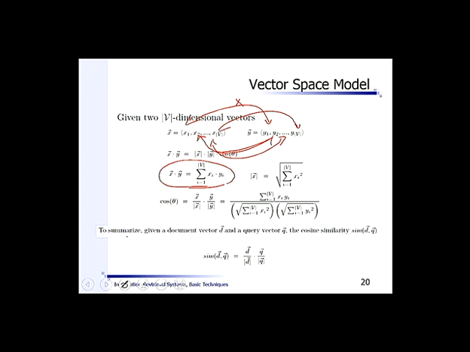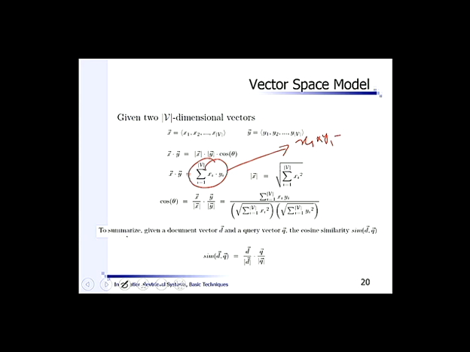The dot product means x1 into y1 plus x2 into y2 plus x3 into y3, and so on till the last term, which is xV into yV. V is the size of the vocabulary. Let's say we have 28,000 terms, so it will be x28,000 into y28,000, right?